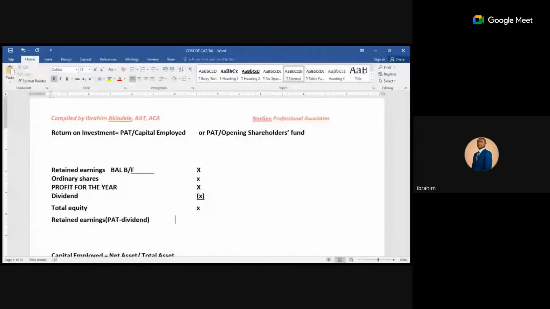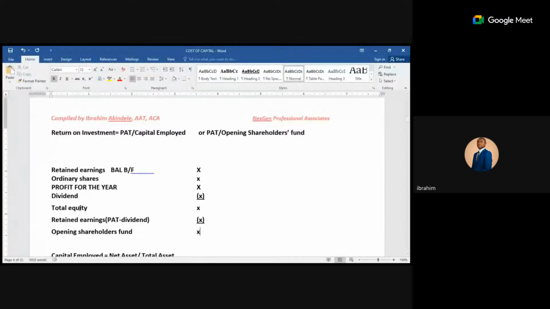You remove it so that you will have the opening shareholders fund. So this is what you will now use, class. This profit for the year and dividend, profit minus dividend, will give you retained earning, right?